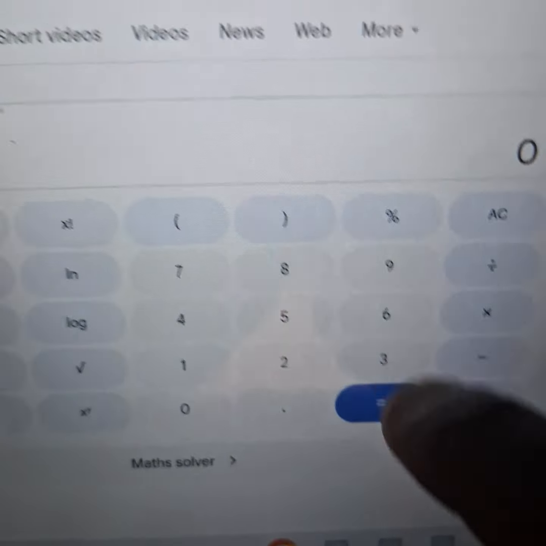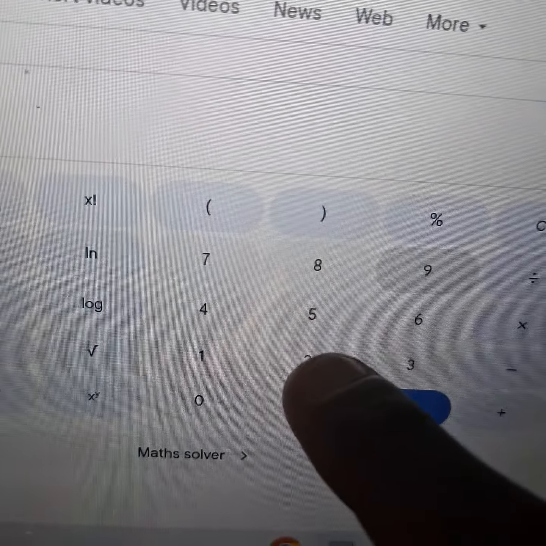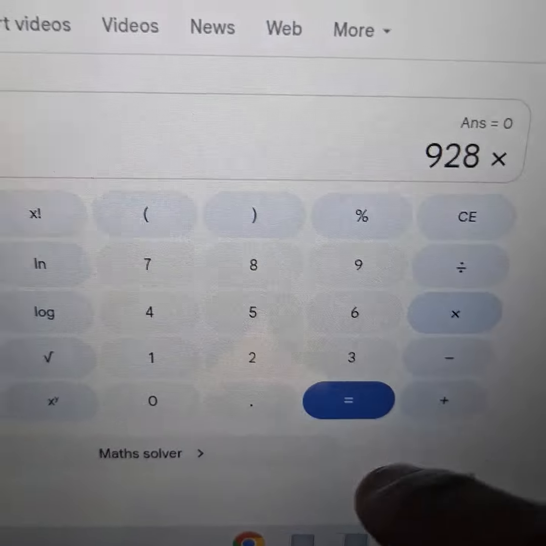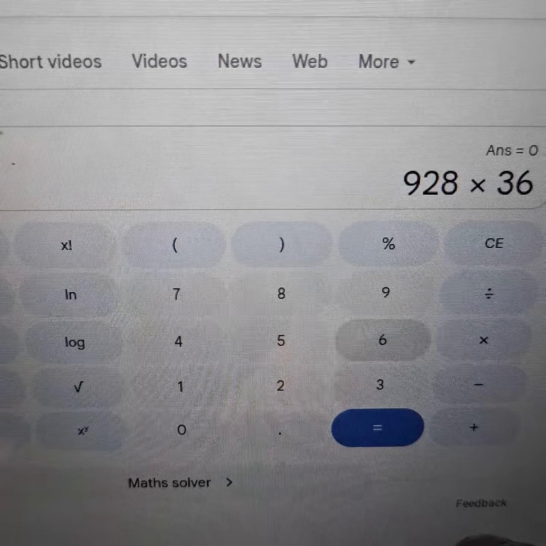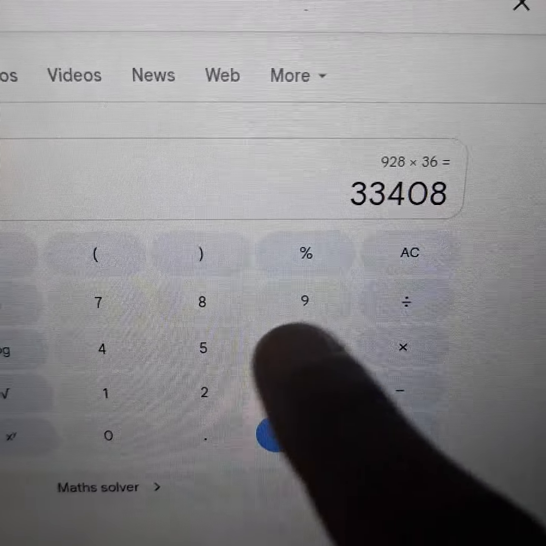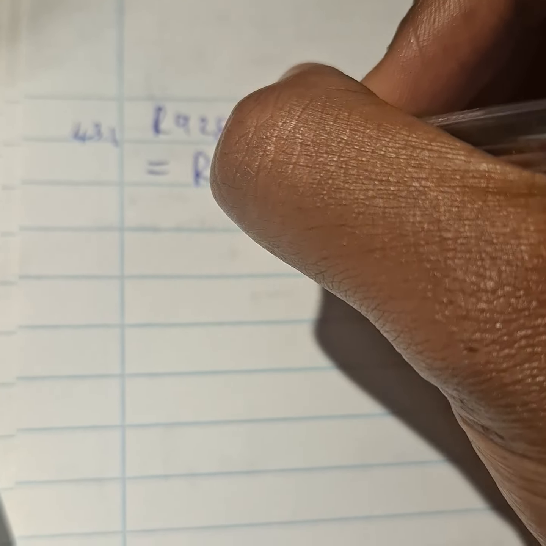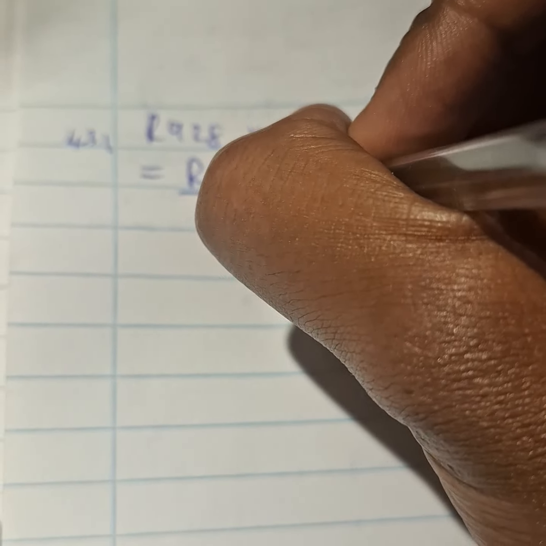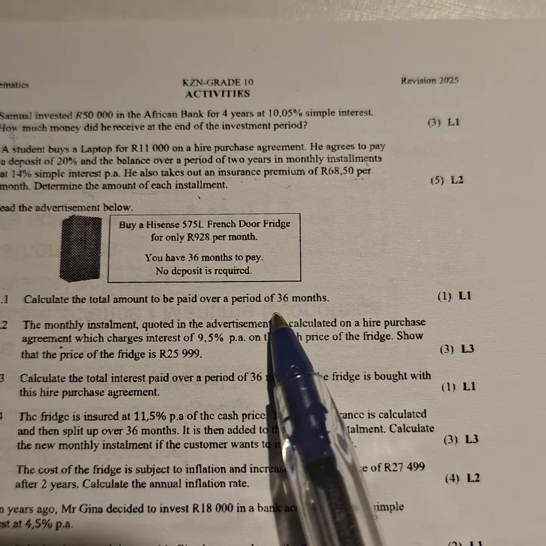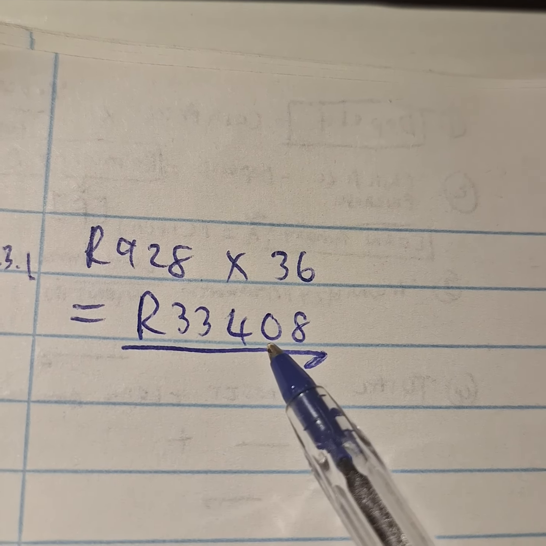Go to our trusted calculator. 928 times the 36 months that we have there equals what? 33,408. So basically the total amount to be paid over a period of 36 months will be 33,408 rand.